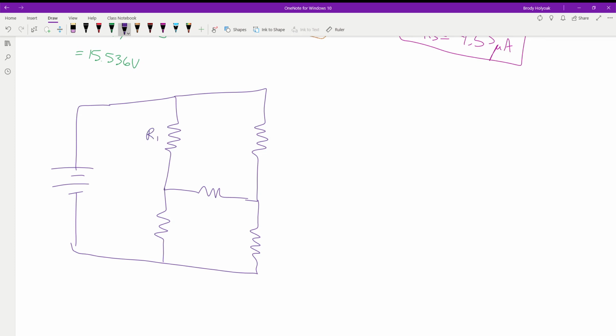We got R1 and R2, R3, R4, and R5. Kind of naming them in this convention, going around clockwise.